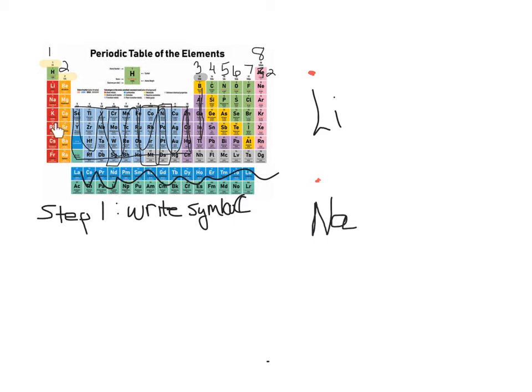If I went another element down to potassium, the Lewis structure for potassium would start with the atomic symbol of potassium, K. Then I would draw the one valence electron that it has, and it would go right here.